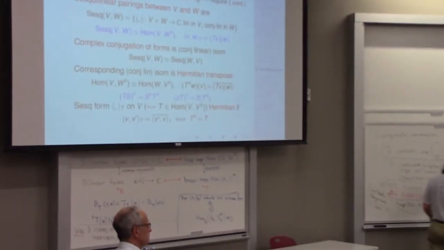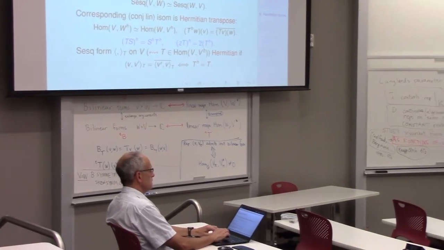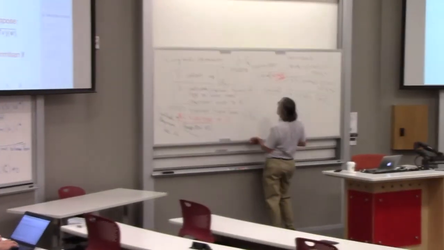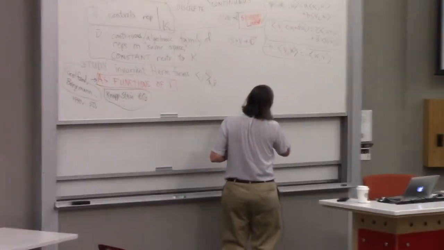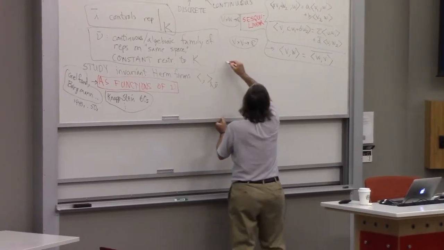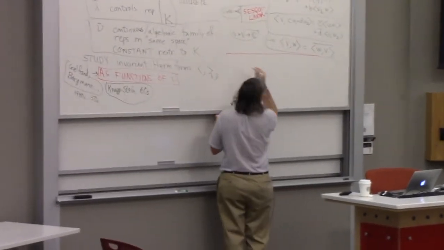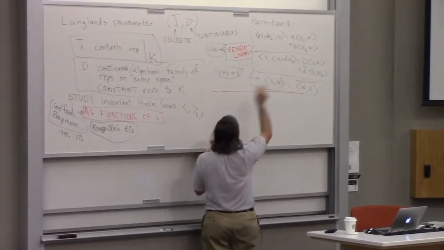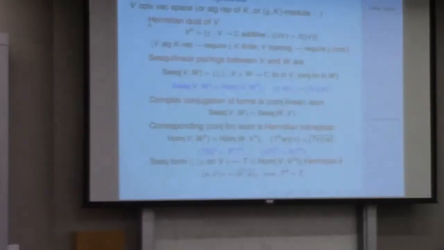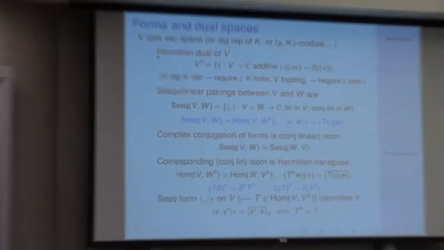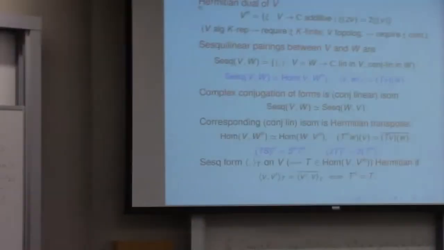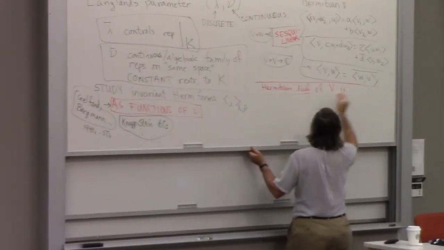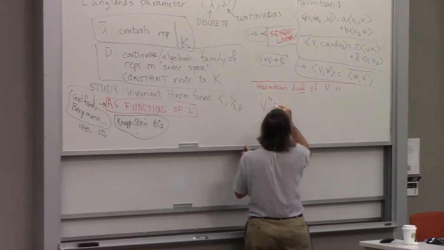There's this dual vector space. Maybe I'll, the basic definition is this one that's written at the top, the Hermitian dual of a vector space V is, all right, VH.